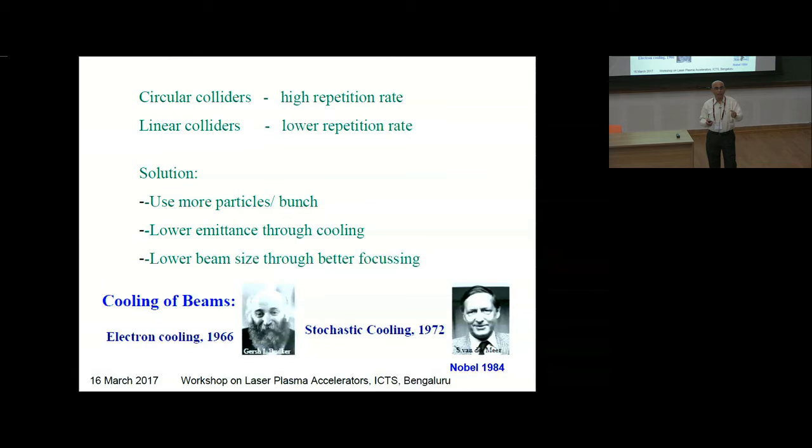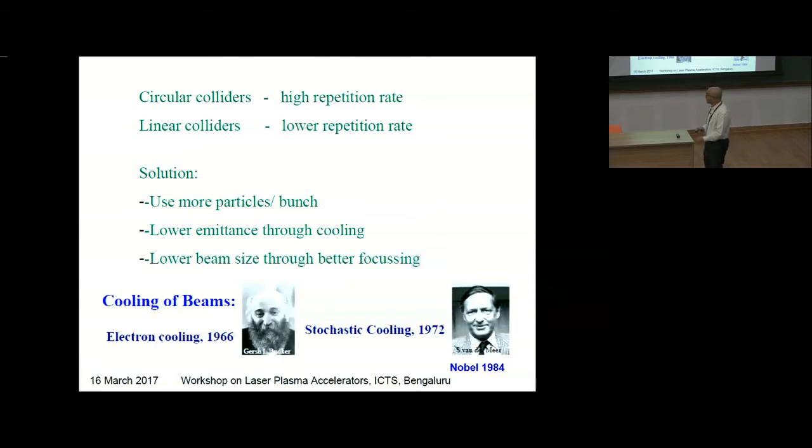Suppose a proton beam bombards and you generate new particles and you want to accelerate them further. These particles will be generated with very high transverse momentum. And if you cannot take them out, you have to cool the beam. That means this transverse momentum has to be reduced without sacrificing the longitudinal momentum.